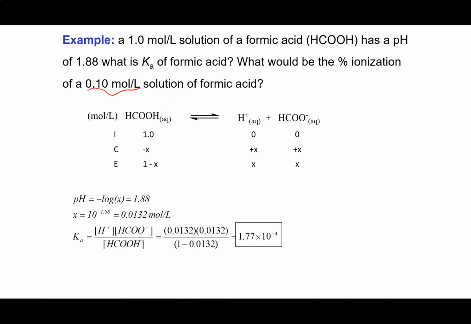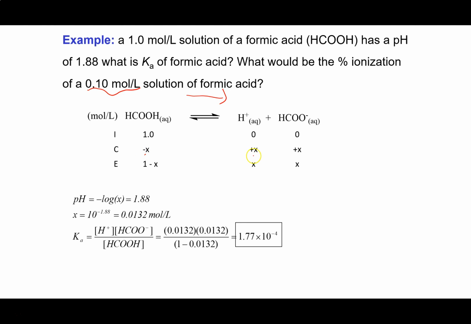So when we had a 1 mole per liter solution of formic acid, what happened? Well, we begin with 1 mole per liter formic acid, and we have no H plus and no formate anion. It dissociates. It's going to go towards the zeros. It can't go the other way.